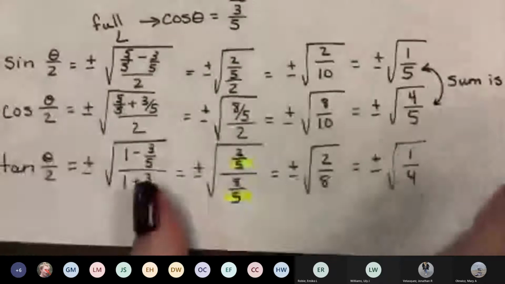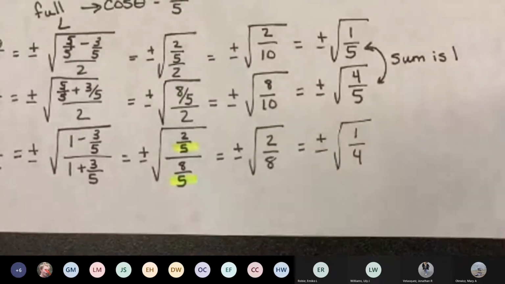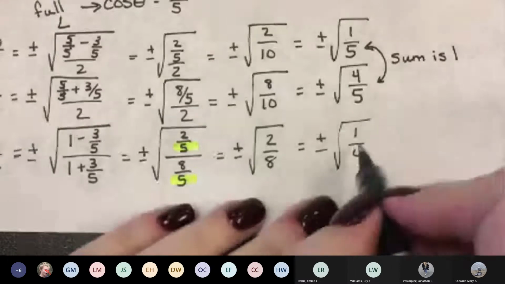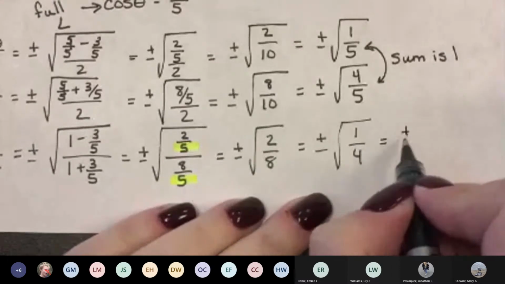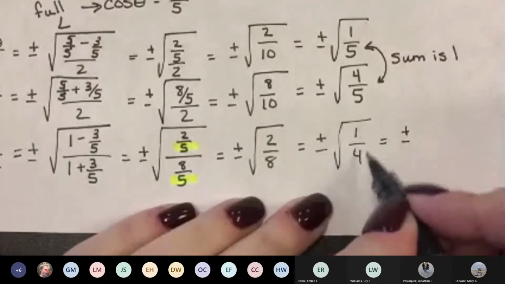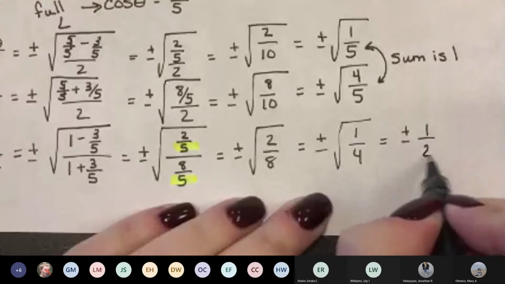Now that's your answer. You can stop there. I know that some of you right now are looking at that going, hey, isn't that a perfect square over a perfect square? If you want to simplify that, you can. But for half angles, I do not expect you to do that. You could stop there. Or if you happen to luckily see a perfect square over a perfect square, go ahead and simplify it.